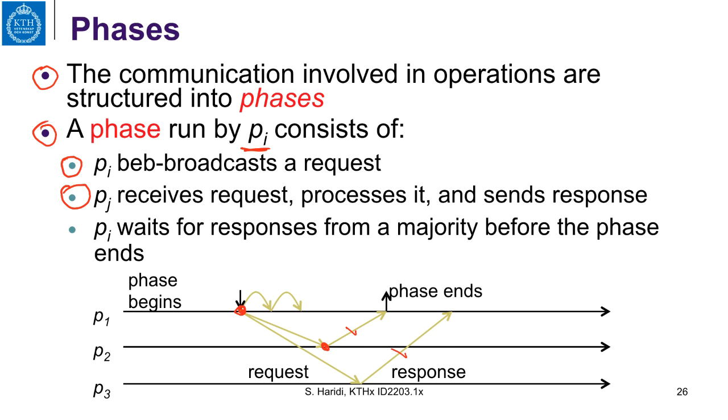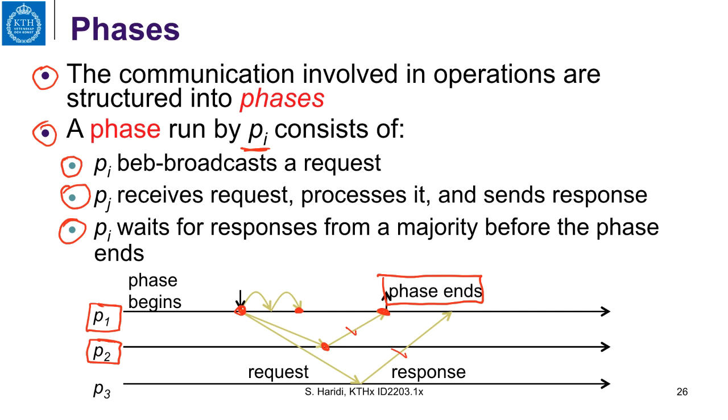Pi, the original process that started the phase, waits for responses from a majority before the phase ends. In this case, if you think about it, P1 will get a response from itself, and it gets a response here from P2. In this case, it has got a response from a majority. Then this is where the phase ends.